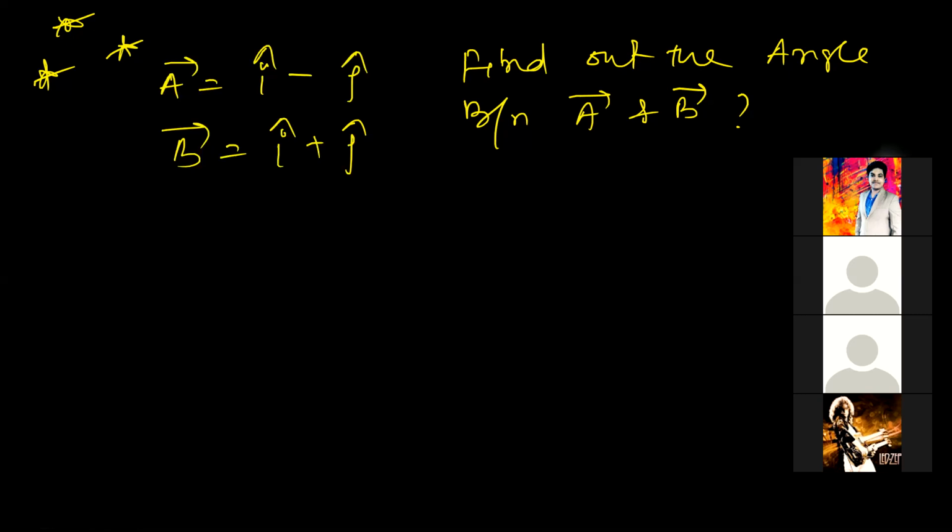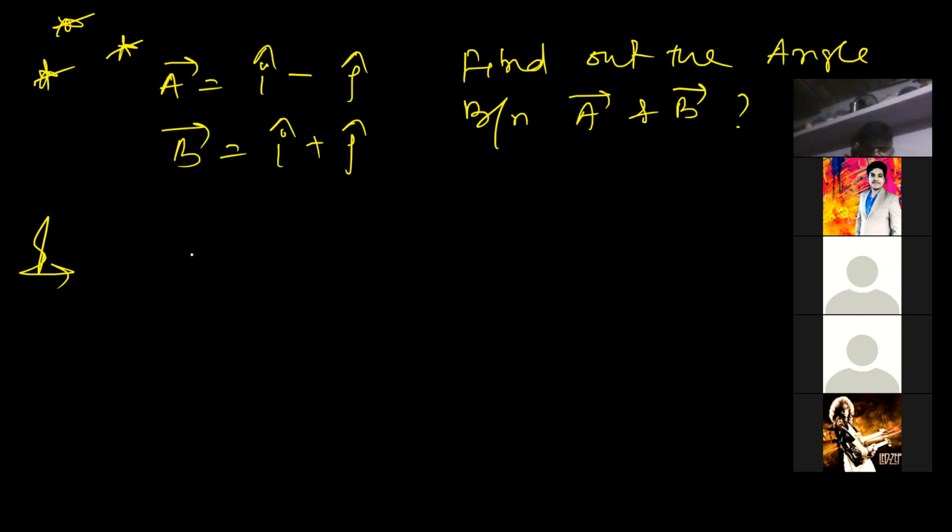Finish writing. Okay. So in this case, whenever you have to find out the angle between the two vectors, A vector is given as i cap minus j cap, B vector is given as i cap plus j cap. So we know the formula: A vector dot B vector equals A B cos theta.